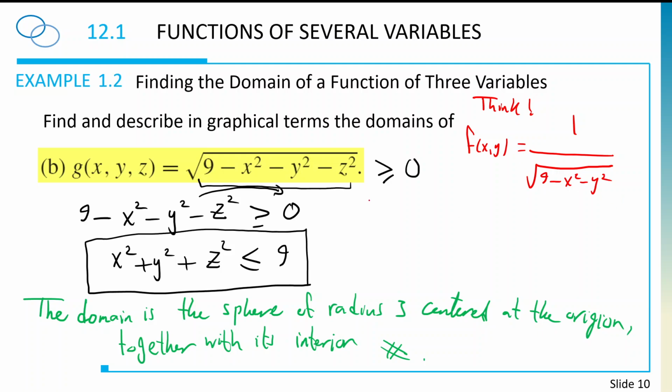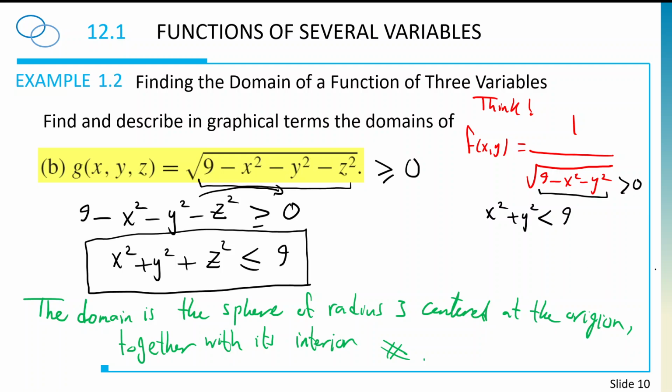What do you think the domain should be? 1 has no issues, okay? Down below you have the square root, and since it's in the denominator, it is strictly greater than 0, without equality. If you solve it exactly the same way, you'll find x squared plus y squared is less than 9.